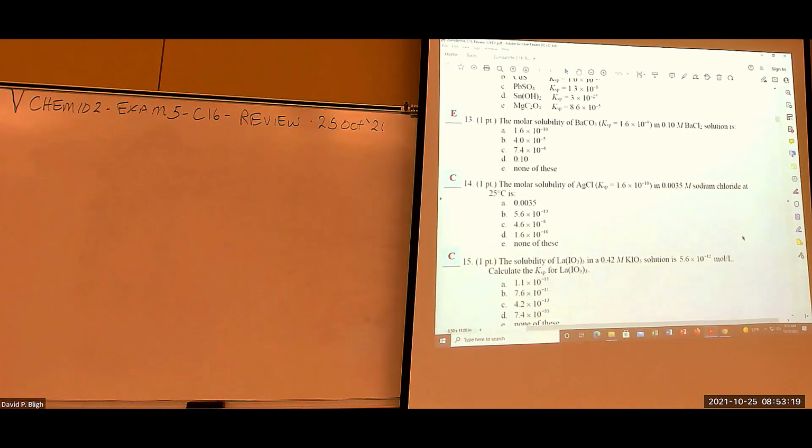All right. How about, let's skip down. We've got some more of these, subsequent ones were common ion effects. Okay, 17.